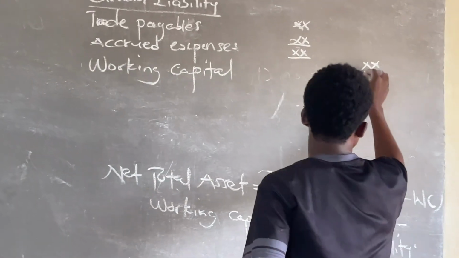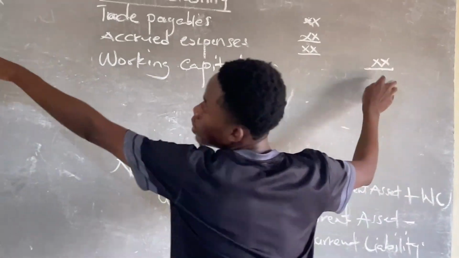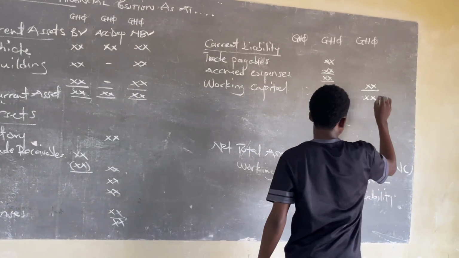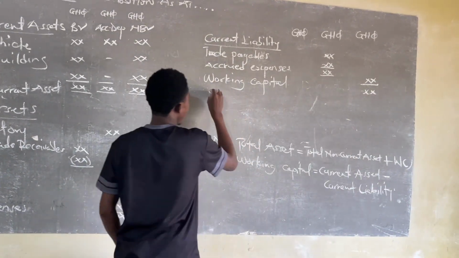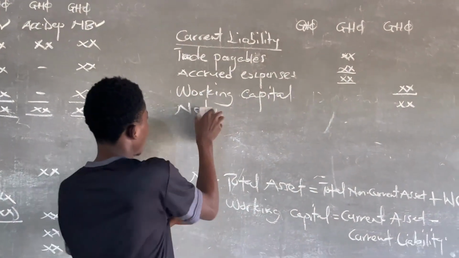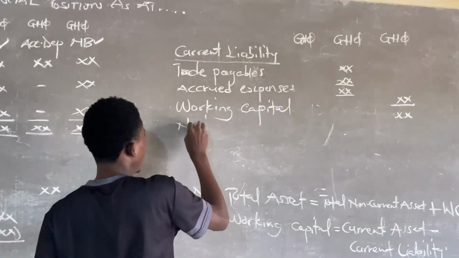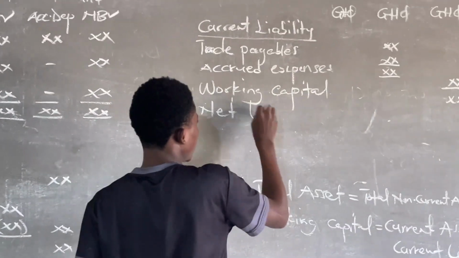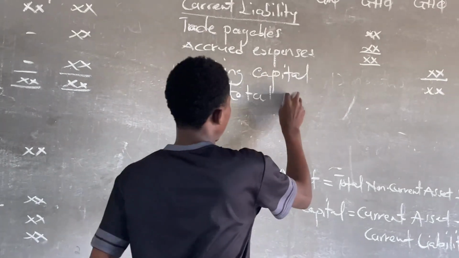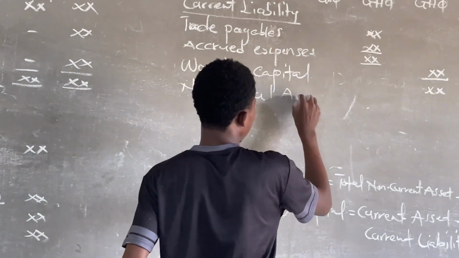So now if you add this to this figure, you get your what? Your net total asset.